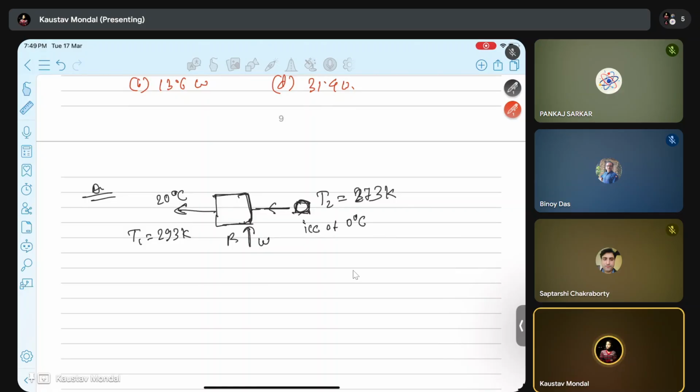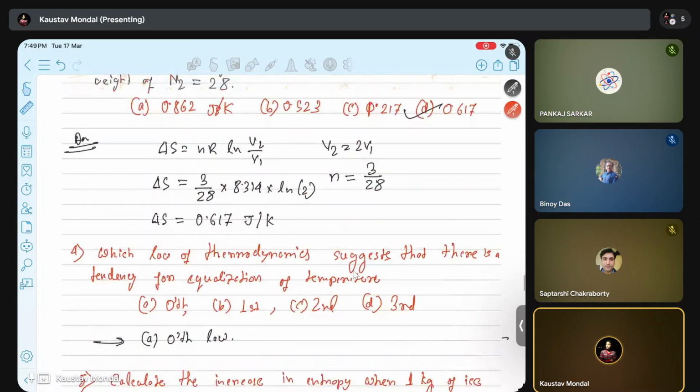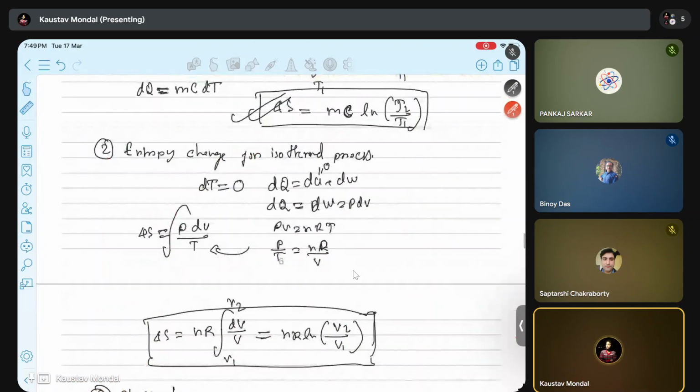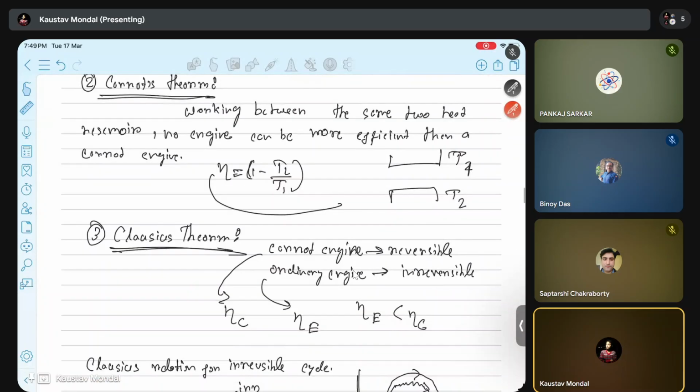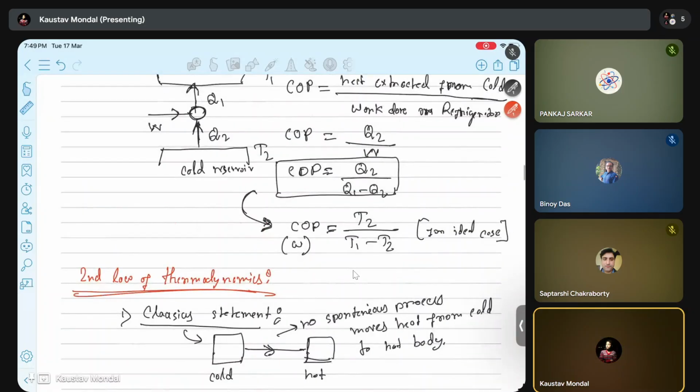Sorry, for the refrigerator the formula is Q2 by (Q1 minus Q2) equal to T2 by (T1 minus T2).